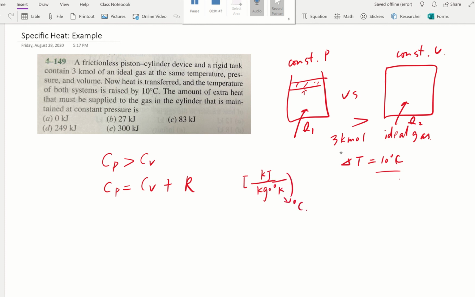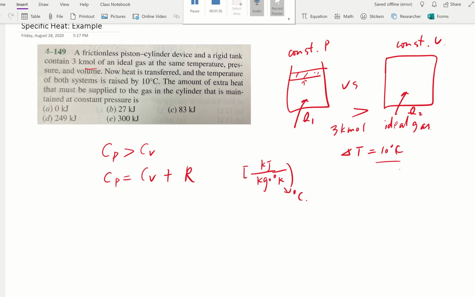That's interchangeable because it's a change in temperature. But here they're using kilomole, right? So if we are going to divide this by molar mass, which has a unit of kilogram per kilomole.